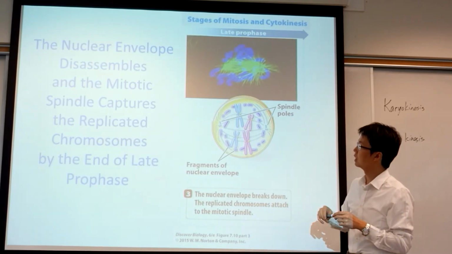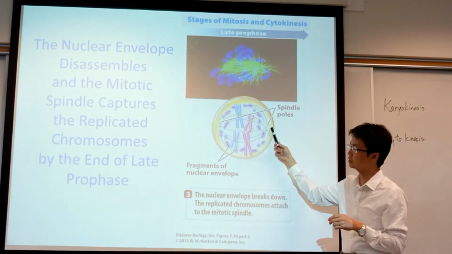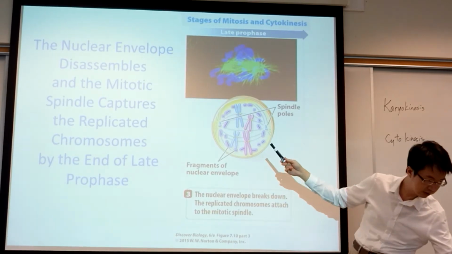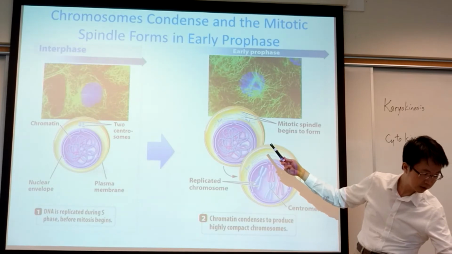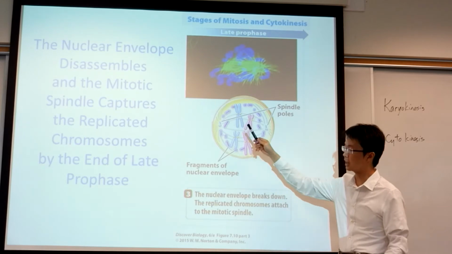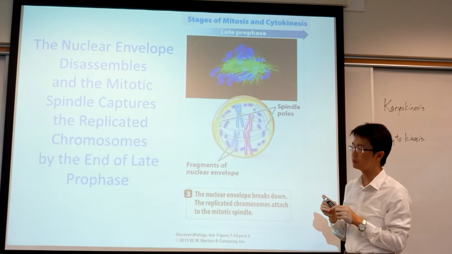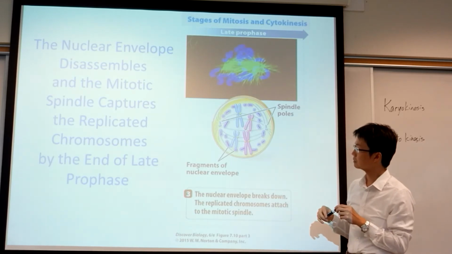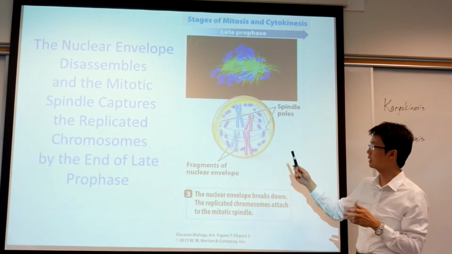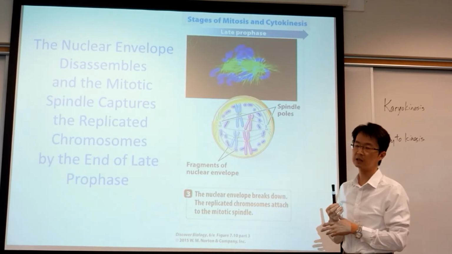In here it says that the spindle from the centriole starts to migrate to the opposite side of the cell, but in the microscope you won't be able to see that. Theoretically, the spindles are part of the cytoskeleton.